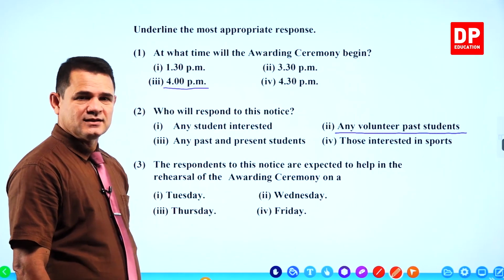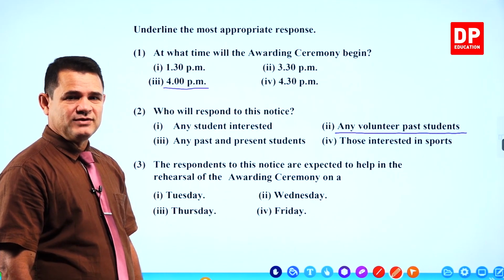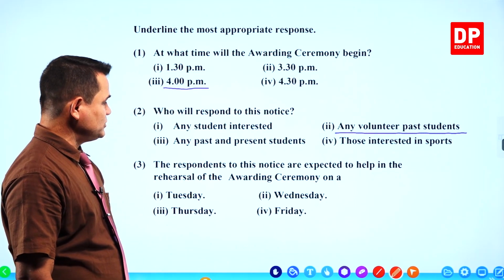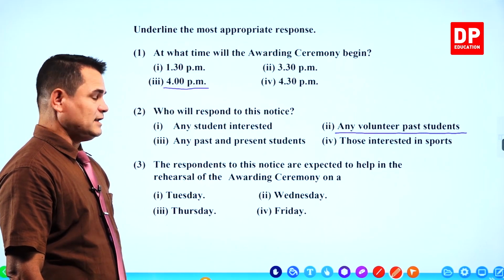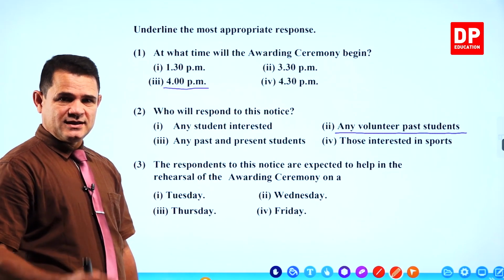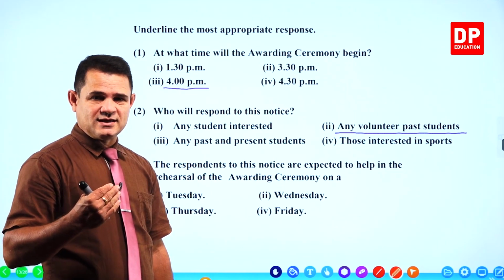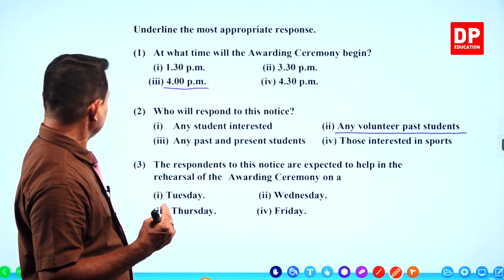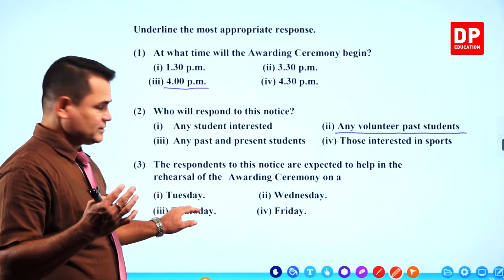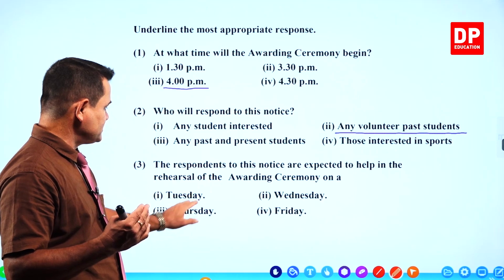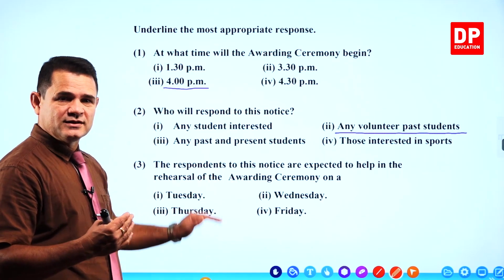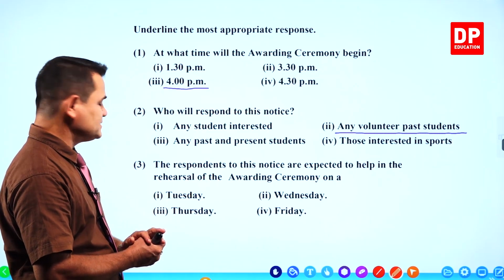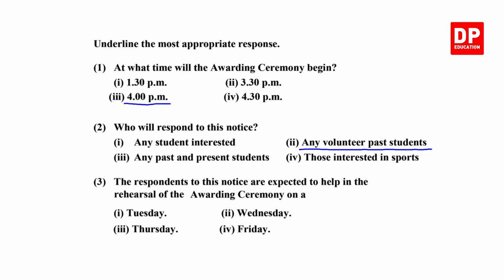Yes, it is a Wednesday, isn't it? So the respondents to this notice are expected to help in the rehearsal. On which day are they asked to help? There are days given: Tuesday, Thursday, Wednesday and Friday. So you notice in this notice the day is, yes, Wednesday.